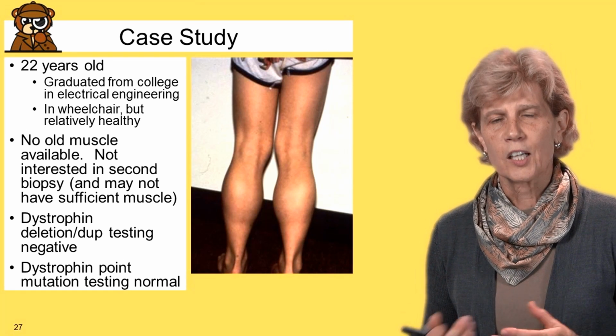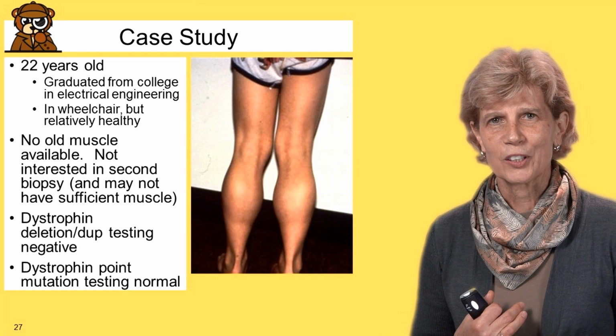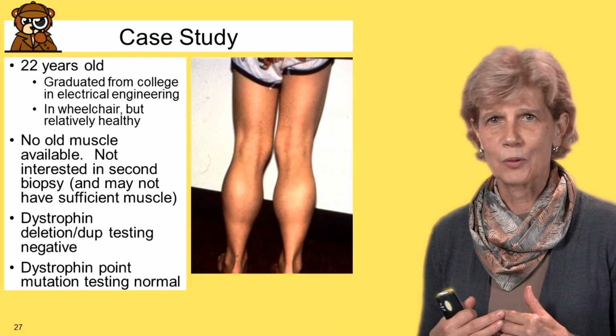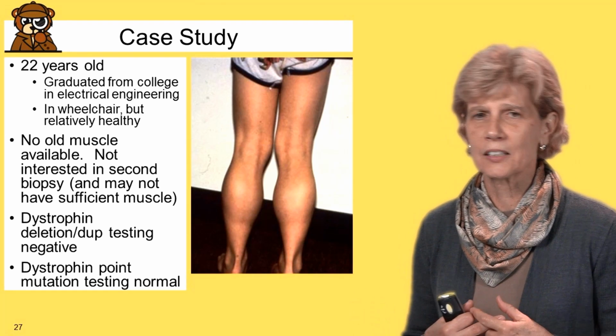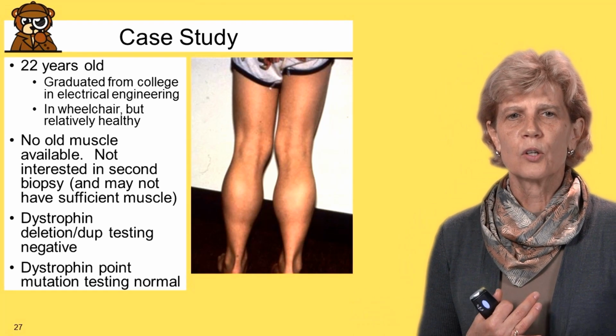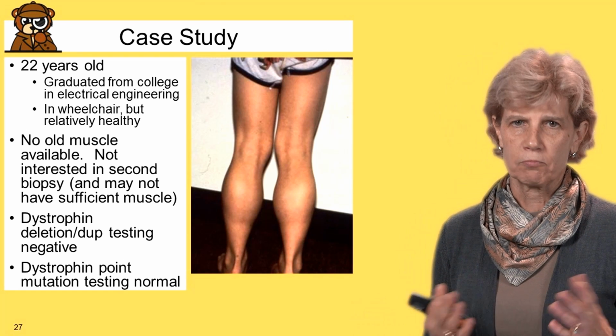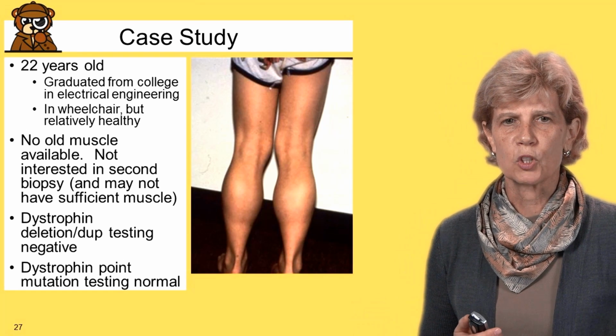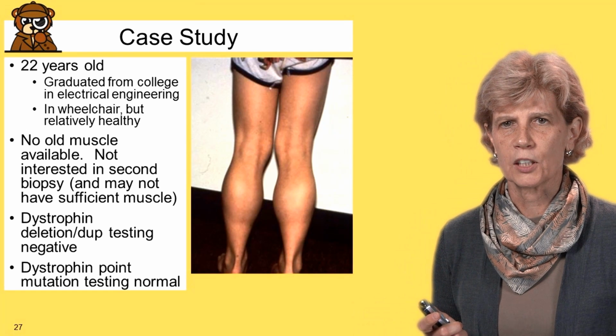At the time that I met him, we now had the availability of genetic testing. Most of you listening to this won't remember when we didn't have genetic testing, but once upon a time we couldn't do these things. So we looked for a mutation in dystrophin, which you understand is how we would go about making a diagnosis of Duchenne muscular dystrophy, and that was entirely normal.